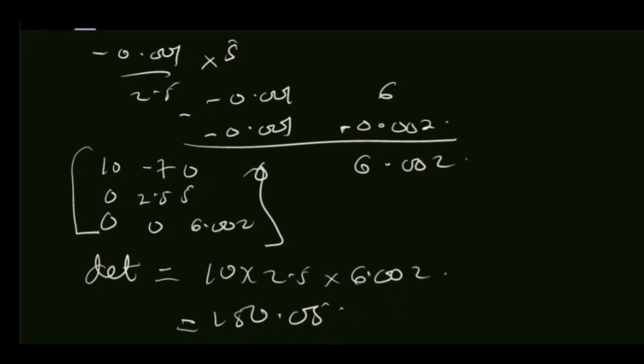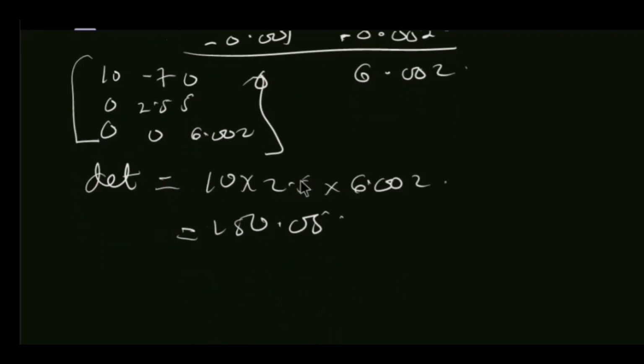But as the rule says, because we switched rows, the determinant wouldn't be directly this, but rather negative 150.05, and this is where the pivoting affected.